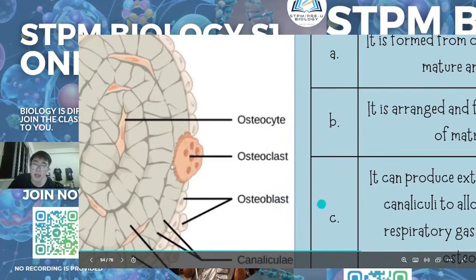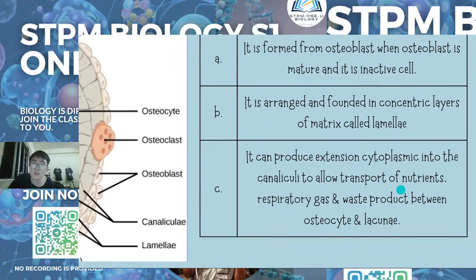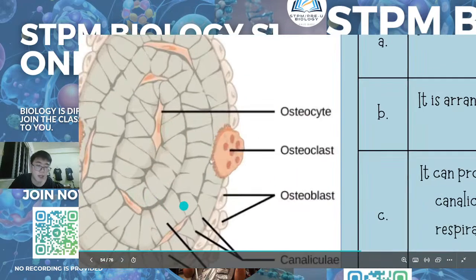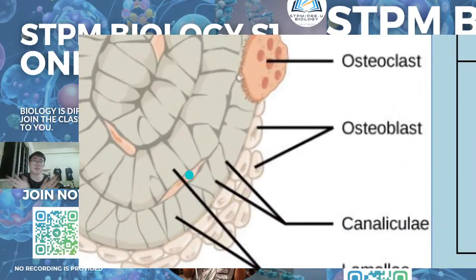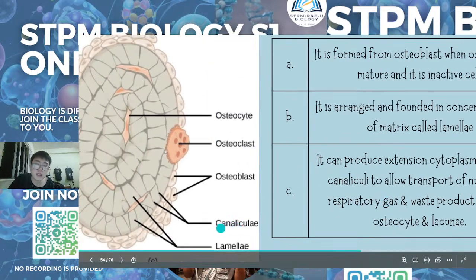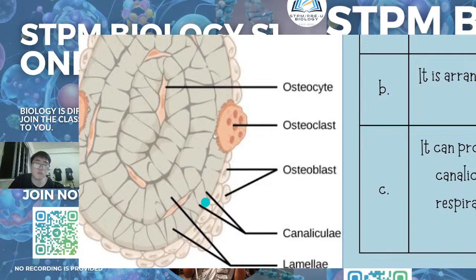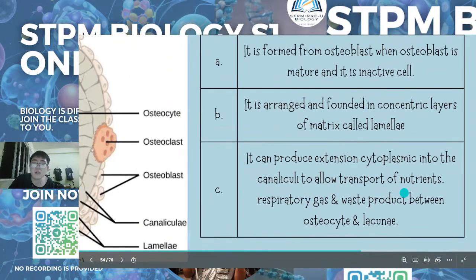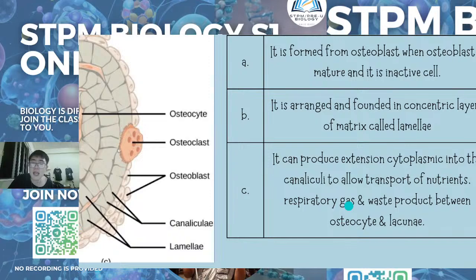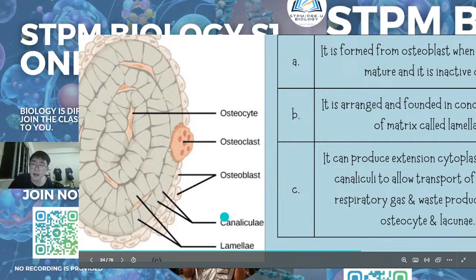It produces the cytoplasmic extensions into the canaliculi to allow the transport of nutrients, respiratory gas and waste products between the osteocyte and the lacuna. Why does it want to connect to this line? Because it needs to allow the transport of nutrients, respiratory gas and waste products between the osteocyte, the lamella and the lacuna.